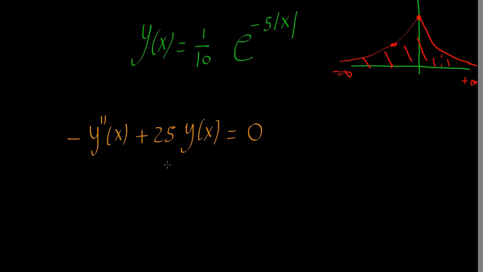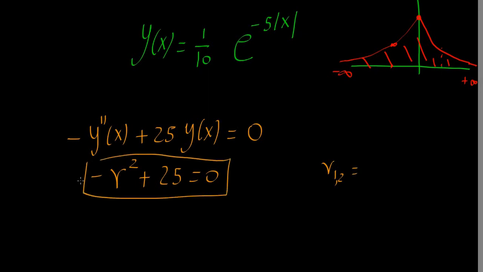It's very easy. You can find the characteristic equation of this equation just by looking at it. It is just r squared plus 25 equals 0. It means that you can find the two roots of this characteristic equation.